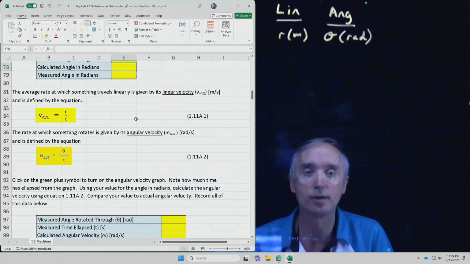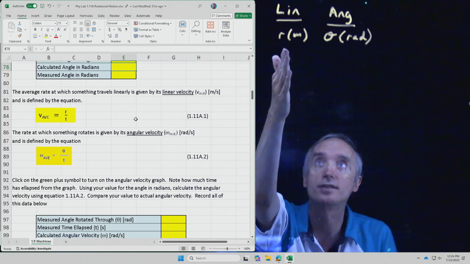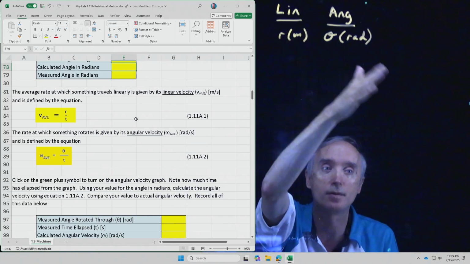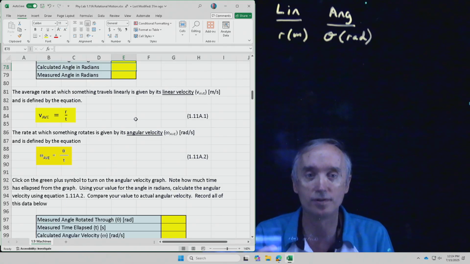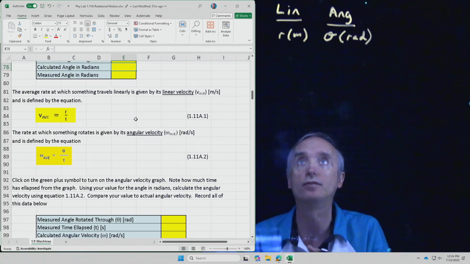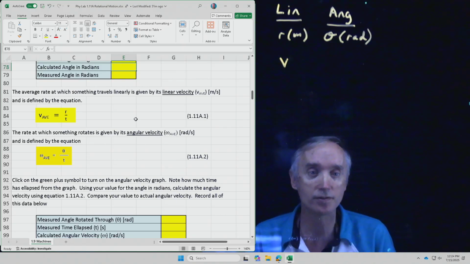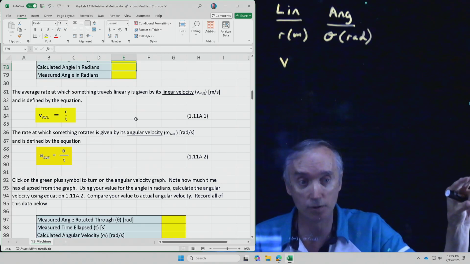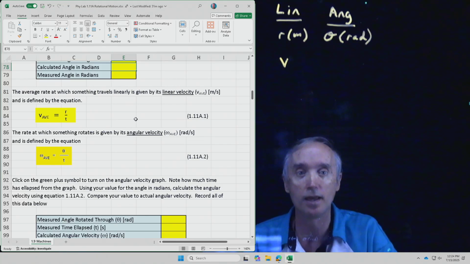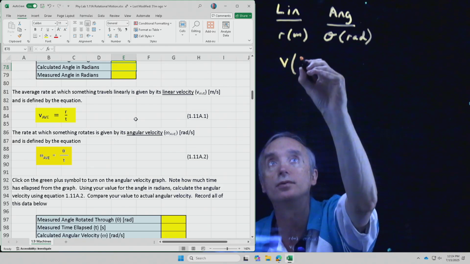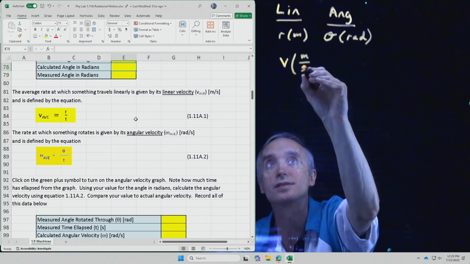Now we want to talk about what we mean by velocity. Just as there is a translational and a rotational version of the distance that something moves through, we can do the same thing for velocity. Velocity is going to be given by the letter V. So this is linear velocity, the velocity something has if it's going sideways or up and down. Its units are meters per second.